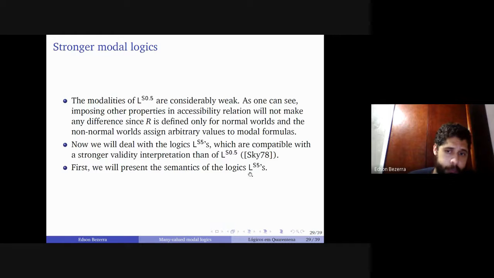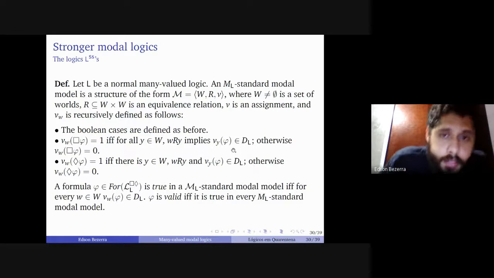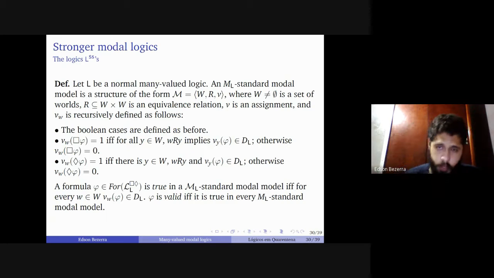The semantics for these many valued counterparts of S5 is easily defined. We consider here now a standard model where we do not have anymore the set of normal worlds, because here now, in fact, all the worlds are normal. So we have the set of worlds W, the accessibility relation defined as usual, but R here is an equivalence relation. The valuation V is an assignment and can be recursively extended, defined as follows. The Boolean cases we already defined.